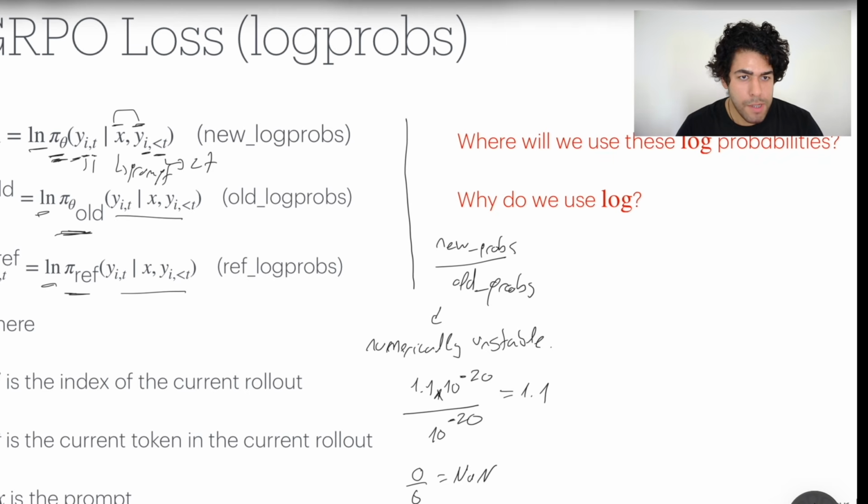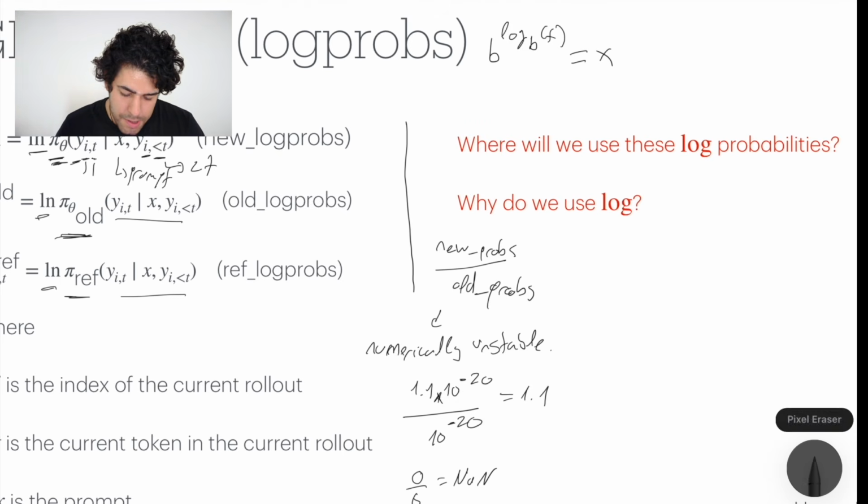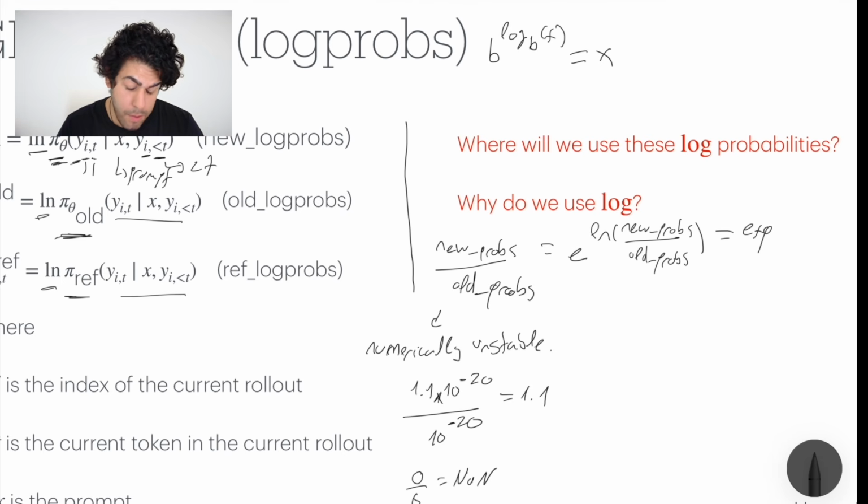One thing we can do is use a property of the logarithm, which is b to the log base b of x is equal to x. We can actually use that, and in this case our x is new probs divided by old probs. So this can be e to the ln of new probs divided by old probs, which we can just say is exponential, which is what we will do in the code as well: exponential of ln of new probs divided by old probs.